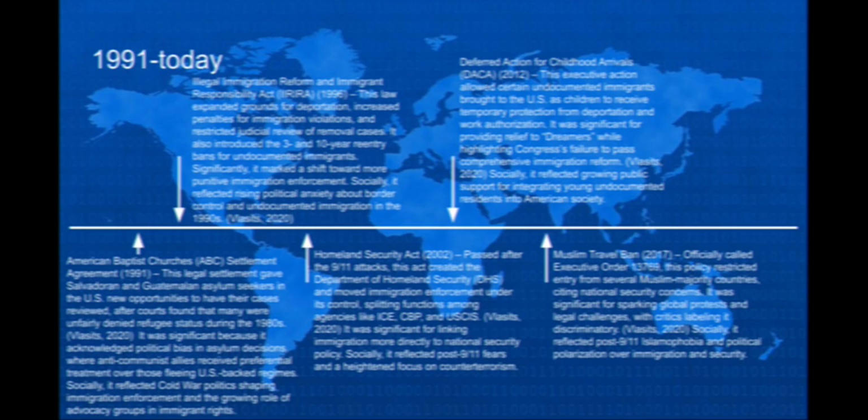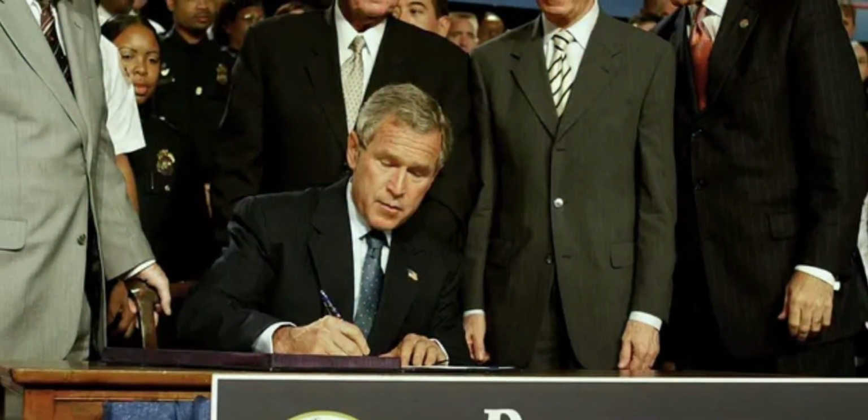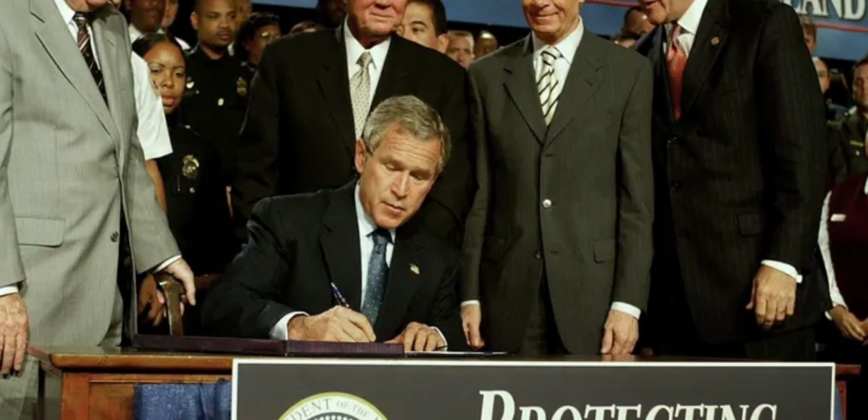And sadly, we are reaching the very end. It is 1991 to today, and the one I chose was the Homeland Security Act of 2002. This act was passed after the 9/11 attacks, and it created the Department of Homeland Security, and it moved immigration enforcement under its control, splitting functions among agencies like ICE, CBP, and USCIS.